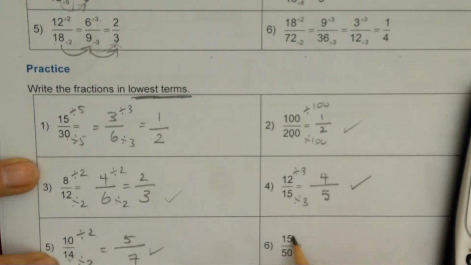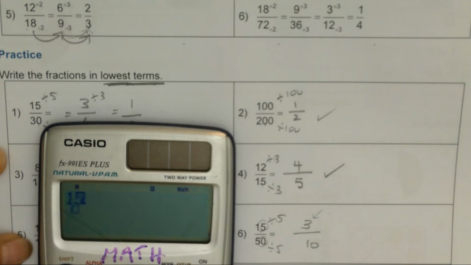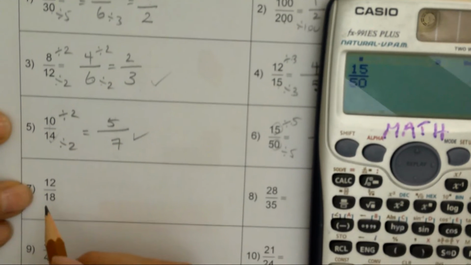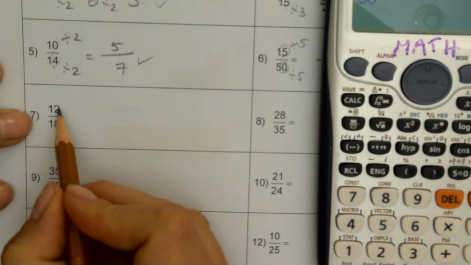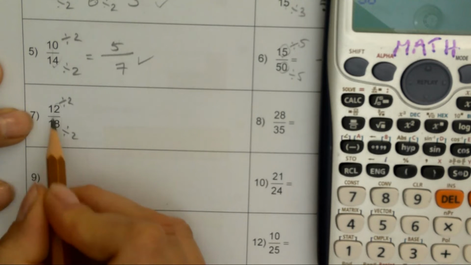This ends in a 5 and this ends in a 0, so I can divide by 5. 15 divided by 5 is 3. 50 divided by 5 is 10. 3 is a prime, so I can't go any smaller, but let's check. You always check your answers. 3 over 10. Good. Next one, I can divide both by 2 because they're even numbers.